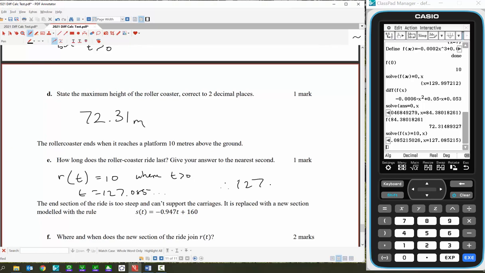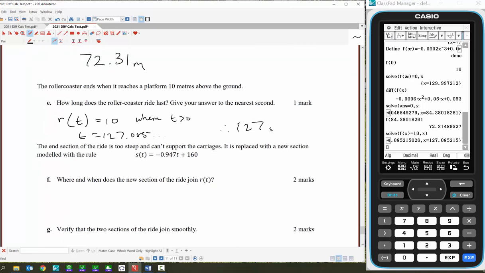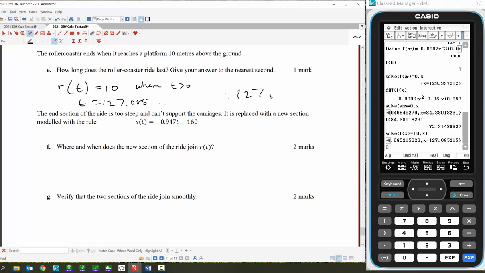The end section of the ride is too steep and can't support the carriages. It's replaced with a new section modelled by this. Where and when does the new section of the ride join? So what we would do is go r of t equals s of t.